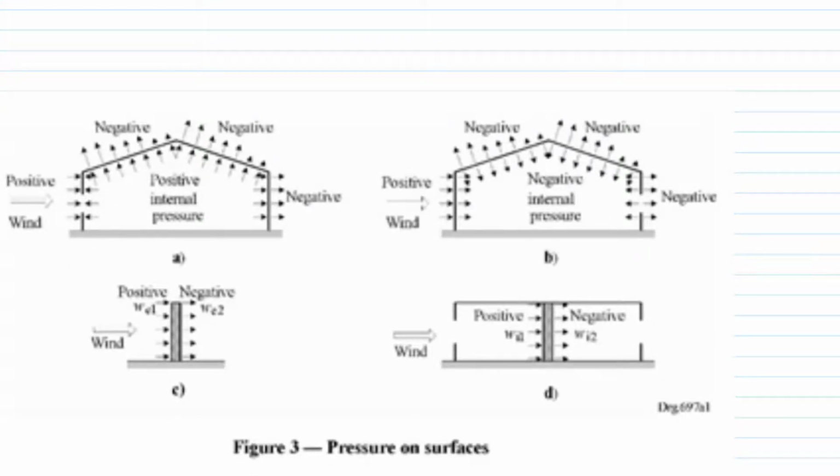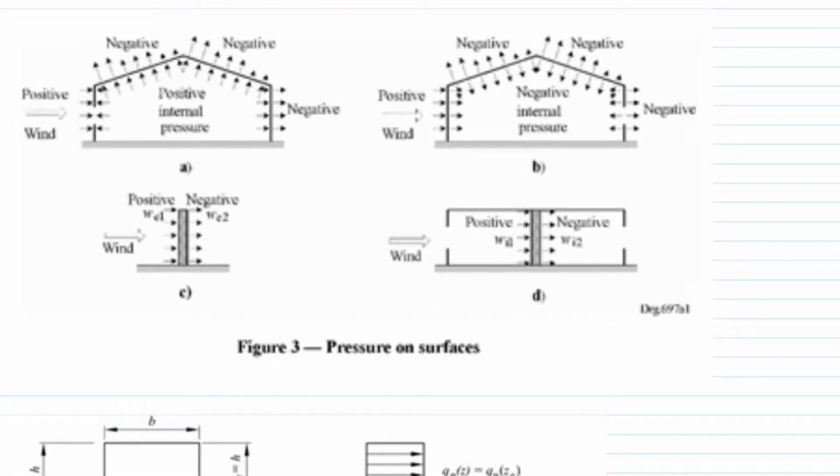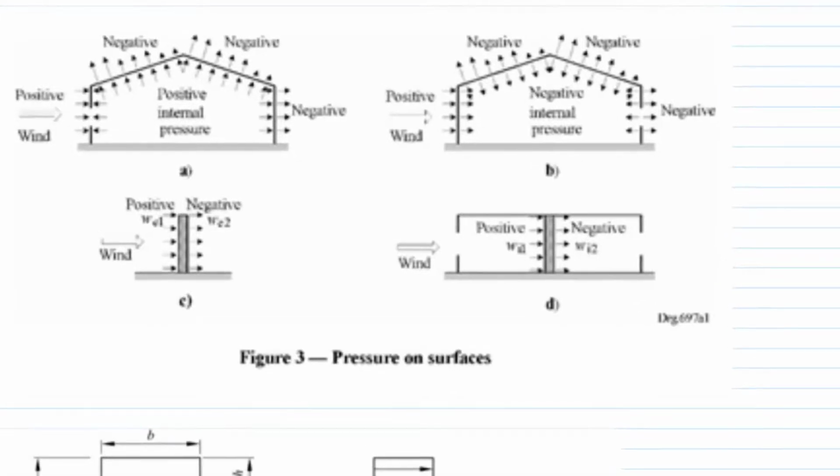But when we come to look at the building, just in terms of the geometry, just be careful. There's one thing to look at when we go to apply it, is that we have positive and negative pressures on our building. They're negative, negative, and we have negative internal.